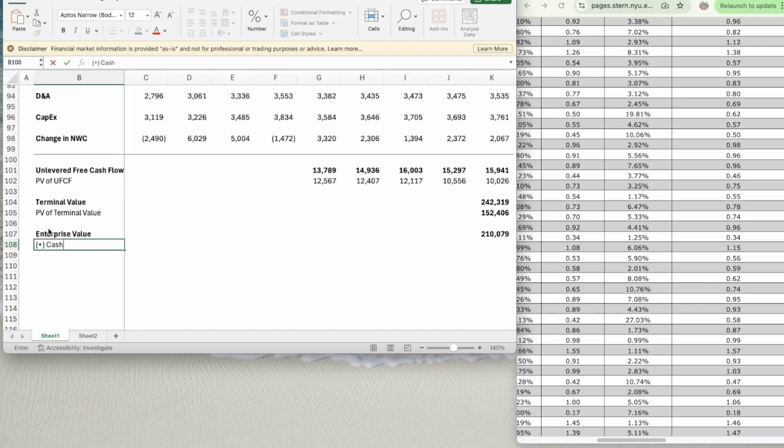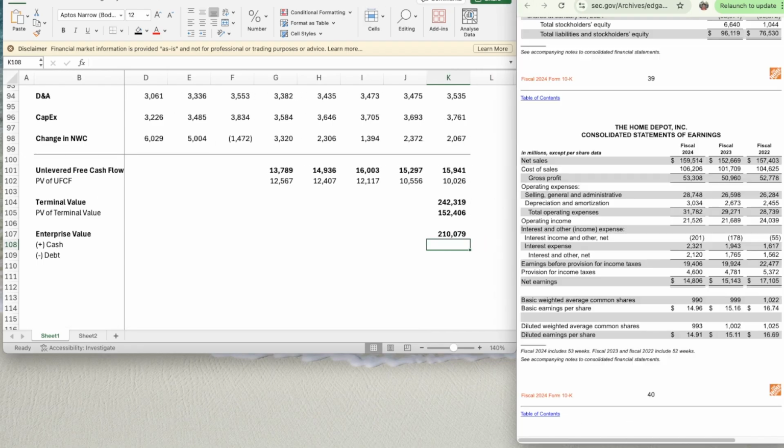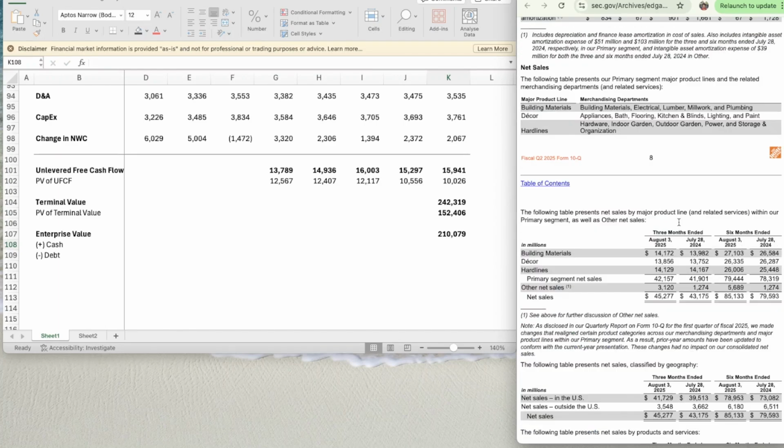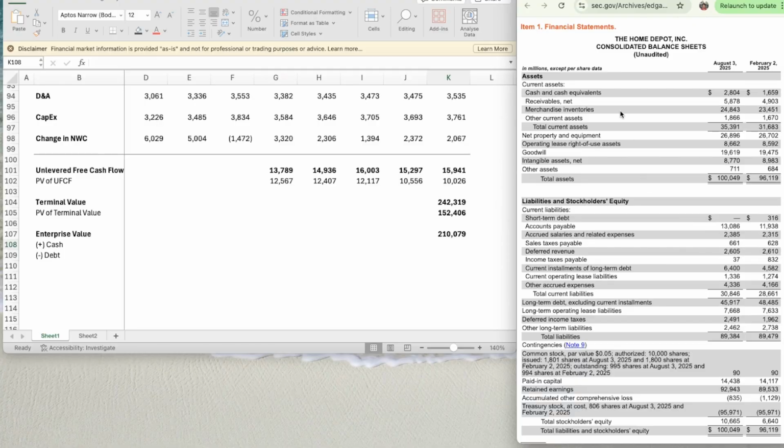And so we add the cash minus the debt. So the cash we haven't looked at on the balance sheet, sorry, wrong page. Where's the balance sheet gone? Here it is. So cash and cash equivalents, 2804.